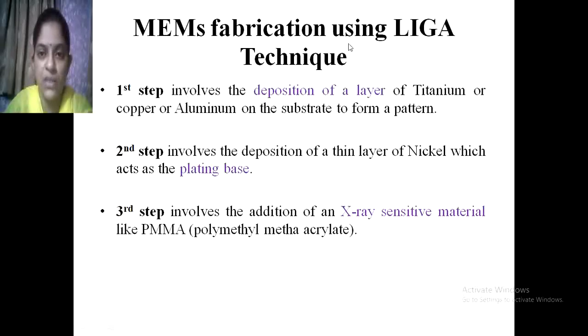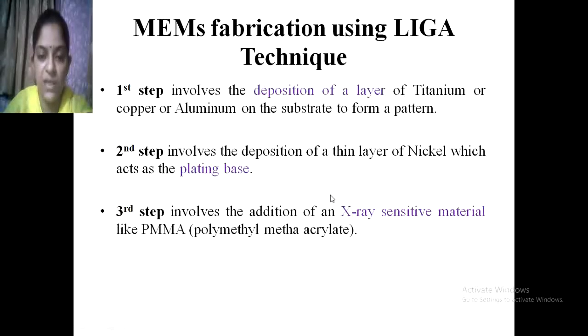The first step involves deposition of a layer of titanium or copper or aluminum on the substrate to form a pattern. The second step involves the deposition of a thin layer of nickel which acts as a plating base.